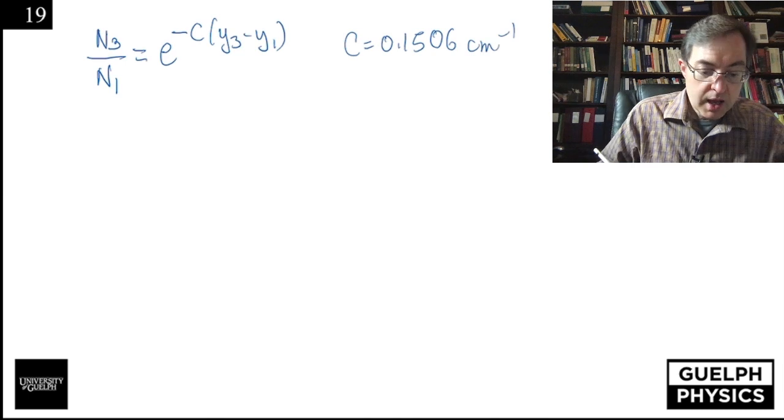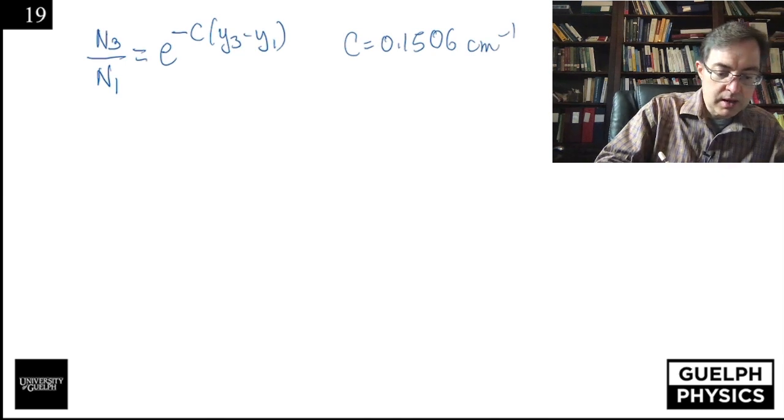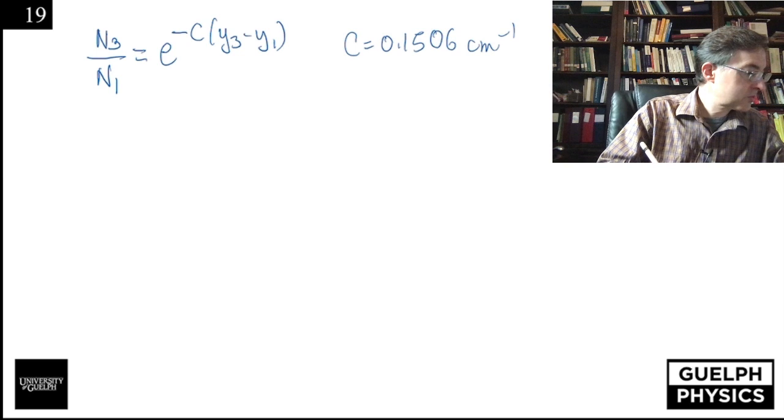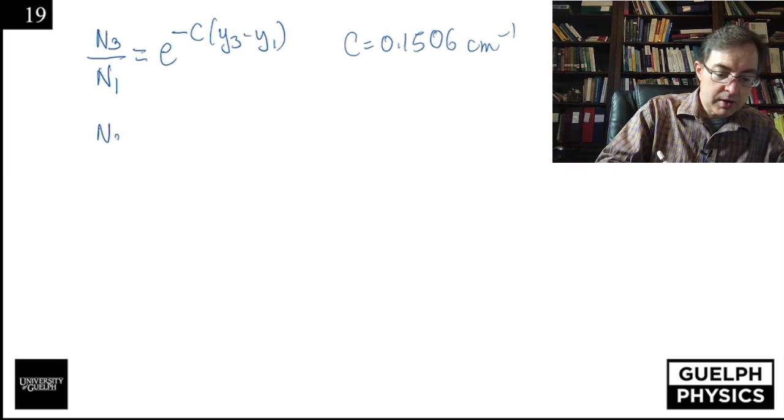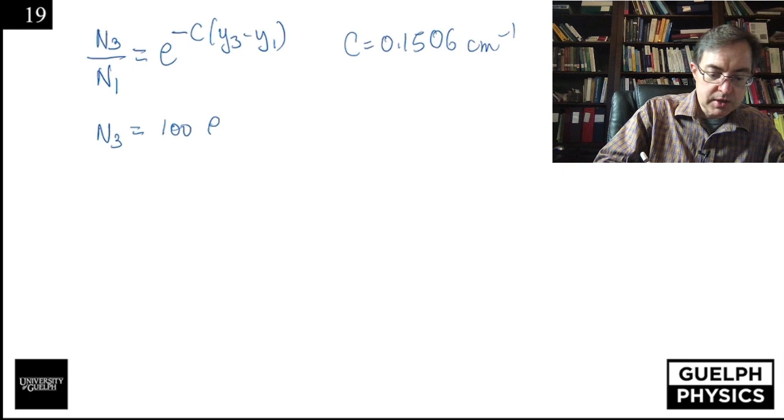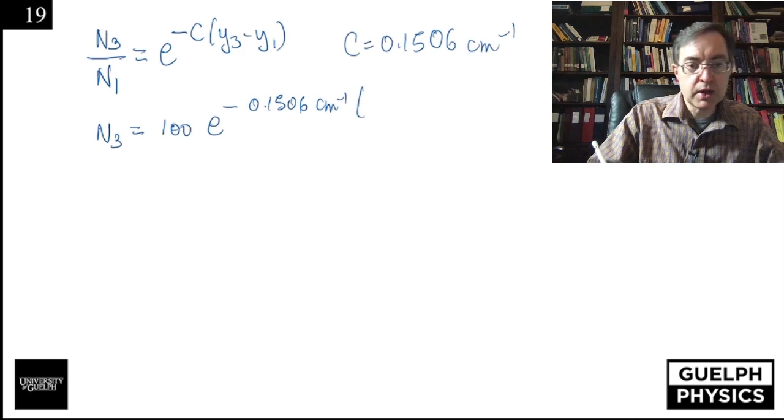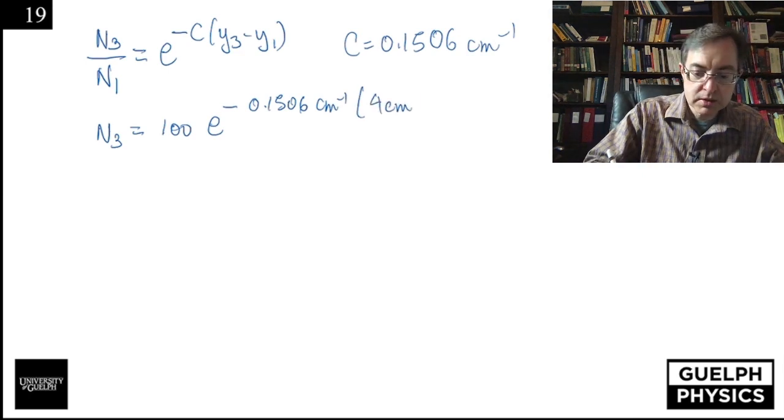So N3 is equal to N1, which is 200, times e to the minus 0.1506 inverse centimeters times (y3 minus y1), which is 5 minus 1, or 4 centimeters.